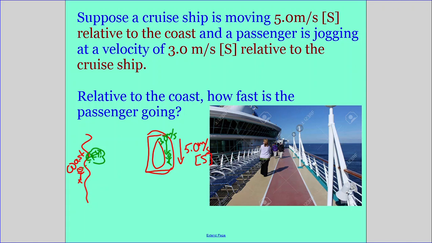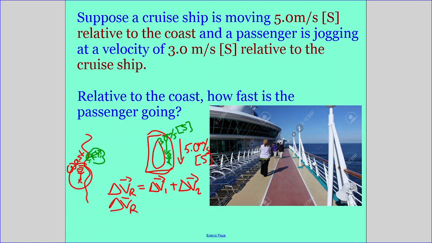Well, from their perspective, both these things are heading in the same direction. So what this actually looks like from the coast perspective is that they're moving together. We've actually done this before when we did vectors in a single plane. So our resultant velocity is just equal to the velocity of our first event plus the velocity of our second event, because they're traveling in the same direction.